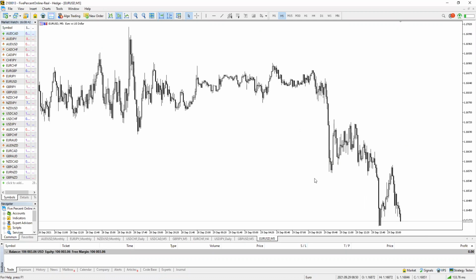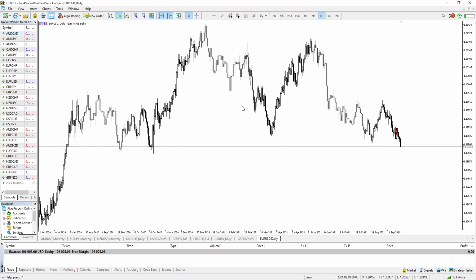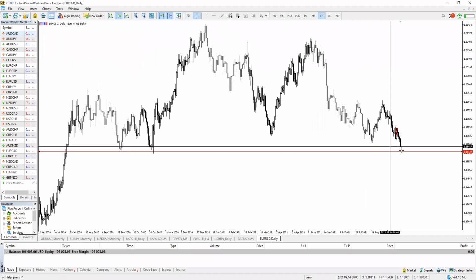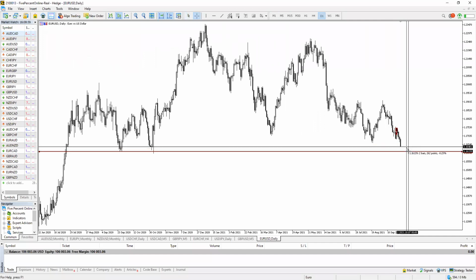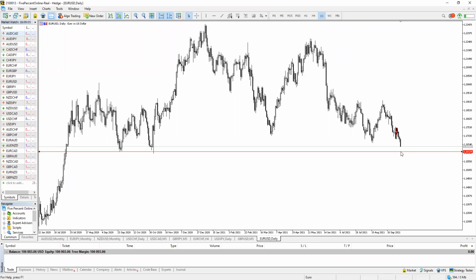And the Euro USD is quite the same, but the only thing here is we don't have that compression we had on the pound. So I think we are going to test these levels around that area. We have around 25 pips to move. I don't think without fundamental news we're going to break that level.